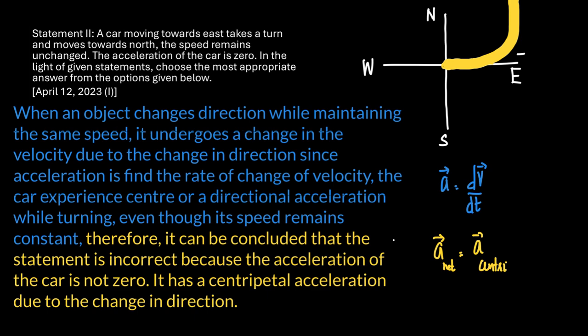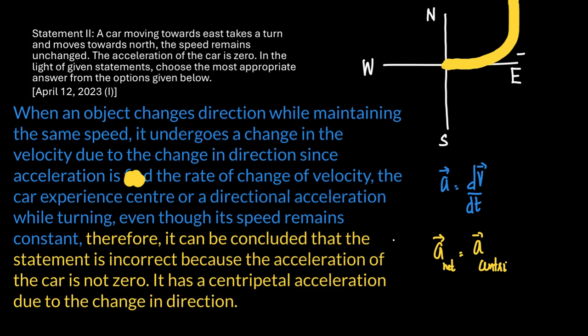When an object changes direction while maintaining the same speed, it undergoes a change in velocity. Why? Because velocity is a vector. It will have both magnitude as well as direction. Due to the change in direction, since acceleration is the rate of change of velocity, the car experiences what?